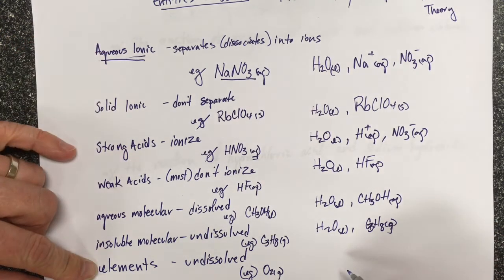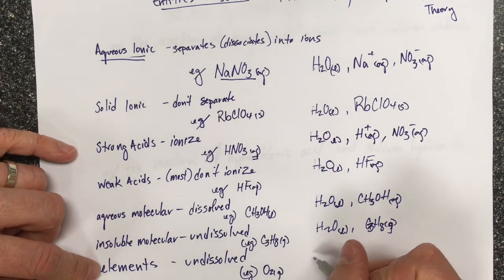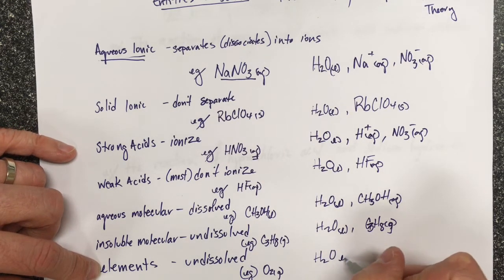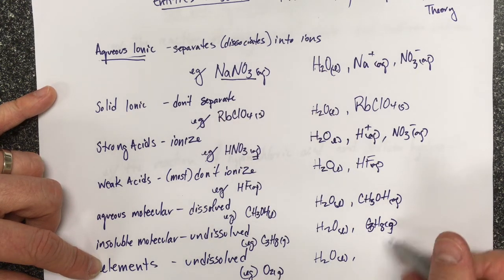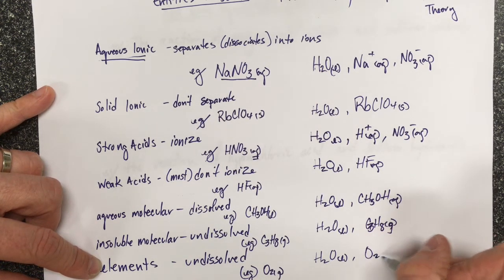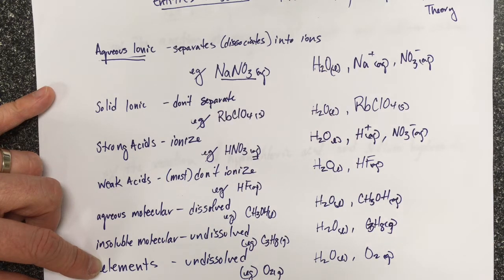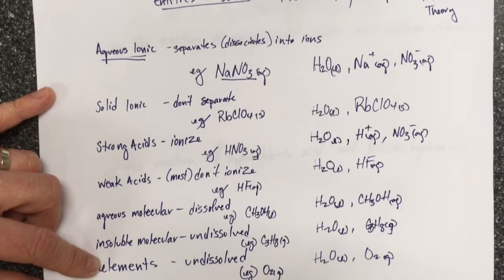But elements, we generally would say they remain in their own state, and most of them are not listed as aqueous. So if we have oxygen gas, a little bit of it will dissolve in water, but most of the oxygen gas just bubbles out. So you need to be able to identify what the entities are in solution.